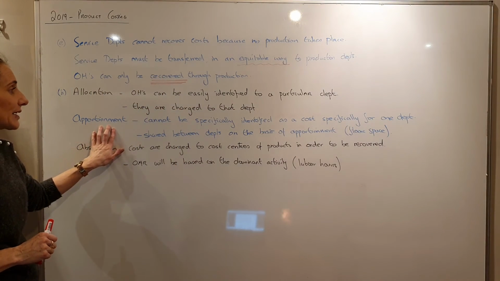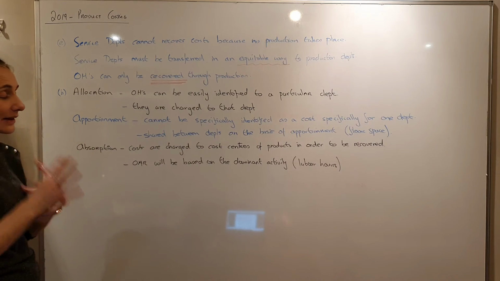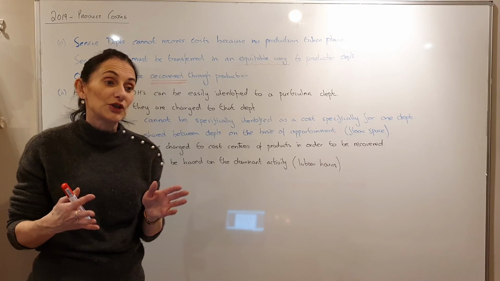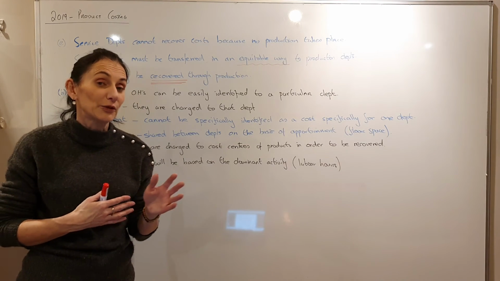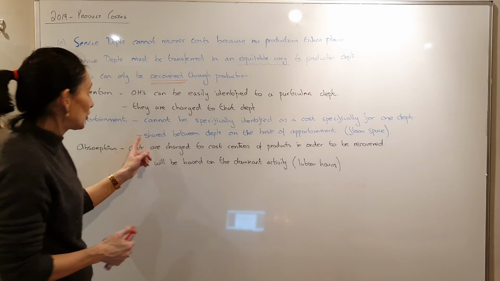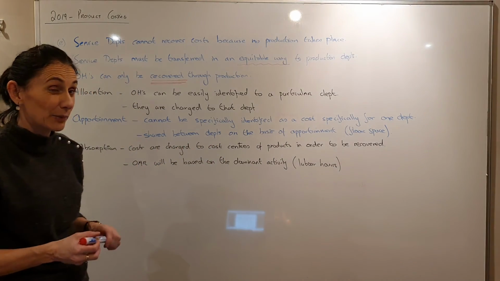Apportionment: we cannot specifically identify the cost to any specific department. So what we're going to do is base it on maybe the number of people that work in each department, and split it between them. So it's shared between departments on a basis of apportionment.